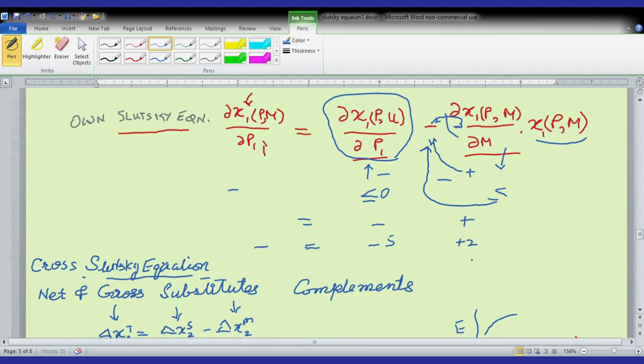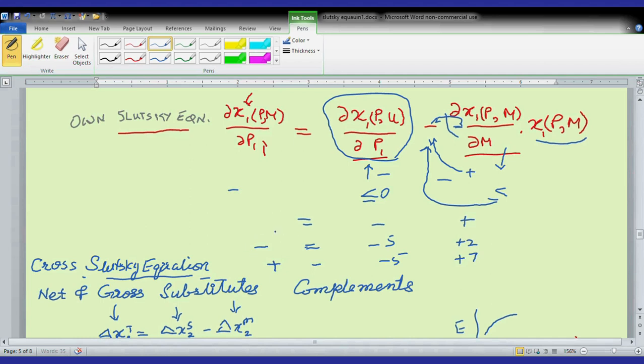But if the positive magnitude is greater than the negative magnitude of the substitution effect, then the income effect, or positive effect, will be dominating, and in that case we will have the Marshallian demand curve with a positive slope.